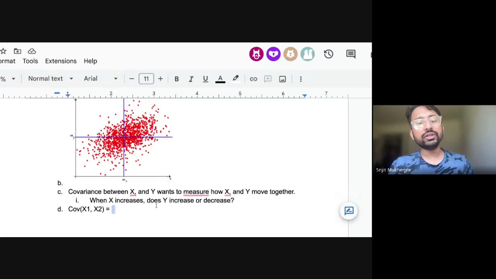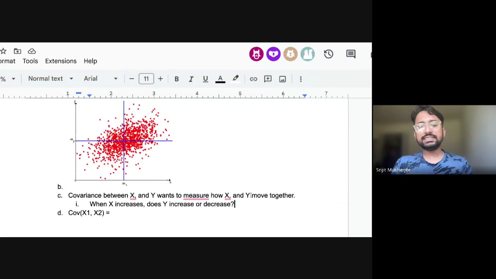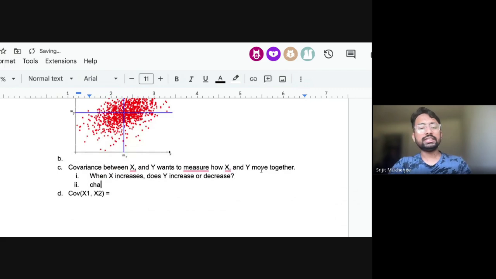To understand, what we do is we first change everything. Change x to x1, x2.